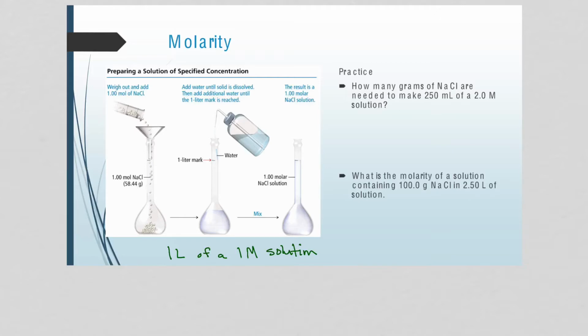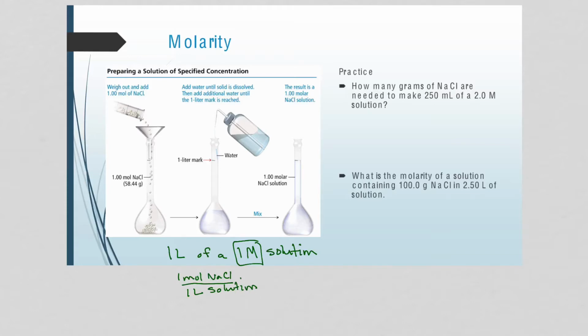The idea that I have a 1 molar solution means that in my solution I have 1 mole, and we're going to be using sodium chloride, per every 1 liter of solution.